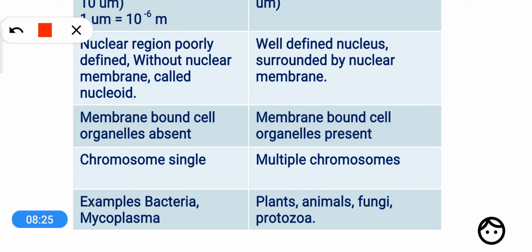Another difference, membrane bound cell organelles are absent in prokaryotic cells. There are no mitochondria, no chloroplast, right? In eukaryotic cells, membrane bound cell organelles are present. There are mitochondria, endoplasmic reticulum, lysosome, chloroplasts, Golgi apparatus, many membrane bound cell organelles. Then the chromosome is single.